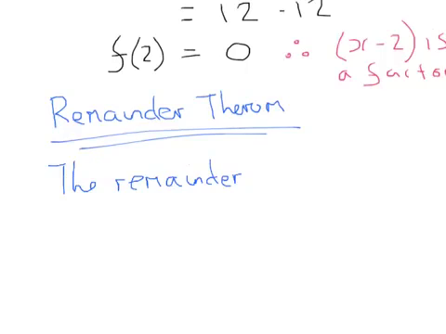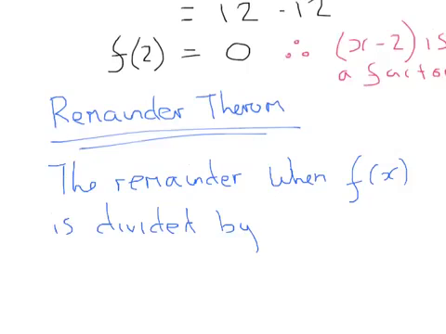So the remainder when your function of x is divided by, let's put two figures in here, ax minus b, is your function of b over a. Exactly the same idea.